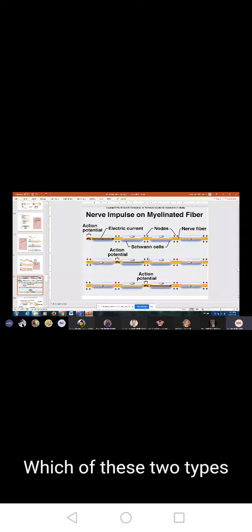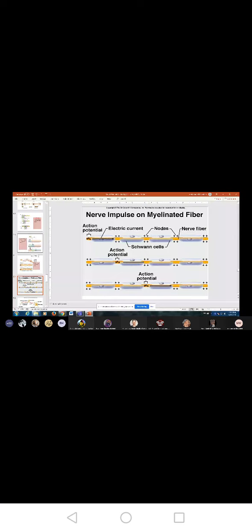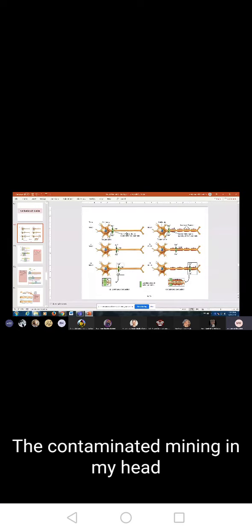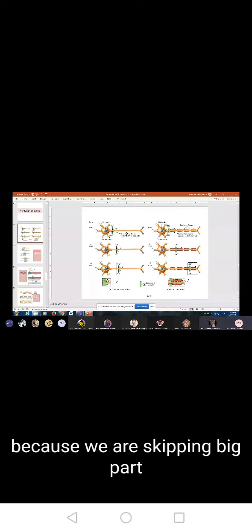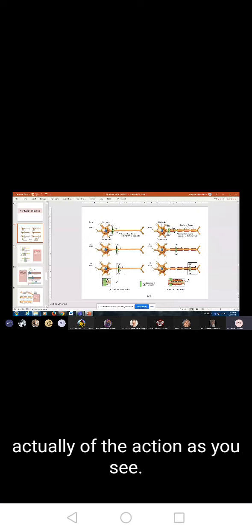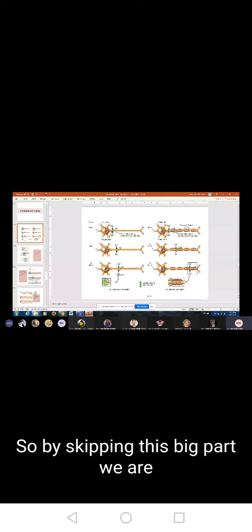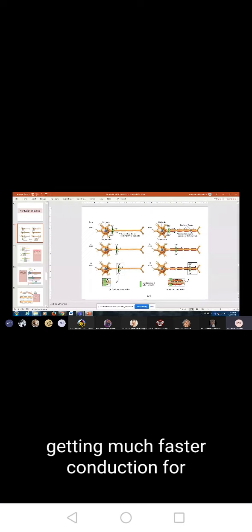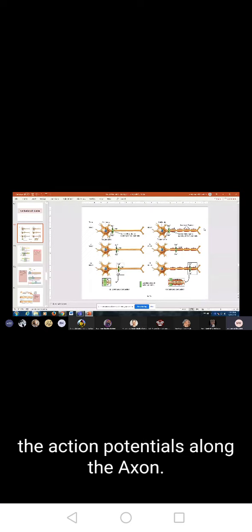Which of these two types of conduction is faster? In myelinated, because we are skipping big parts of the axon, as you see. By skipping these big parts, we get much faster conduction of the action potentials along the axons.